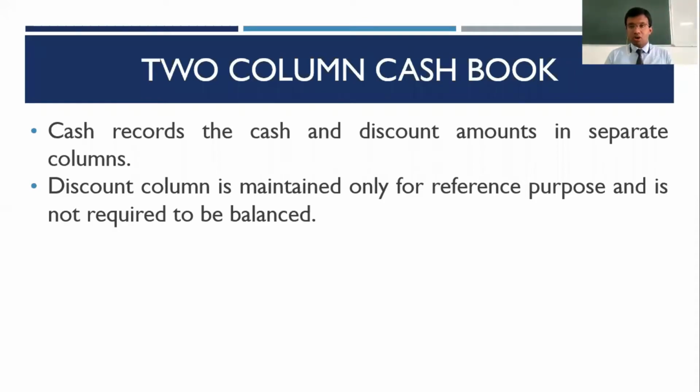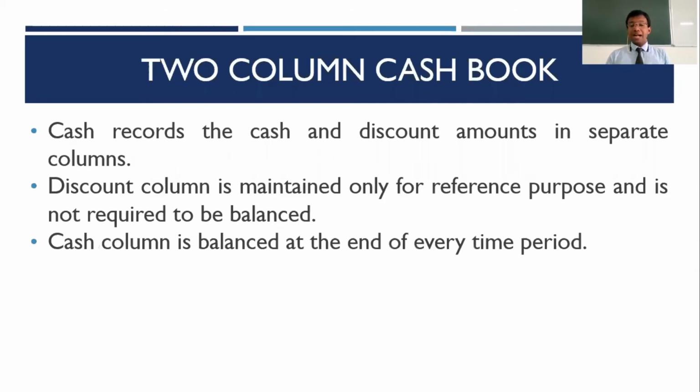One very important aspect to remember is that the discount column is only for reference purposes. Whatever amounts you record in the discount column, you total up at the end of the time frame, but you will not balance it. The discount column will not be balanced. However, the cash column, where you record all the cash transactions, must be balanced at regular time intervals.